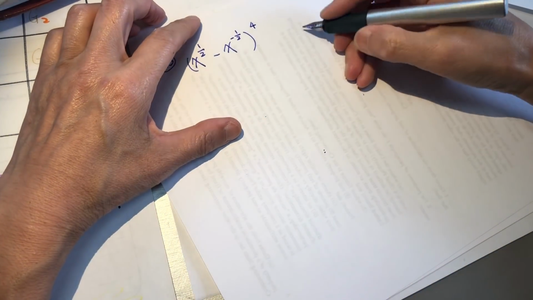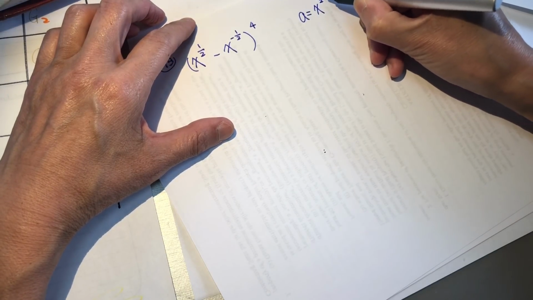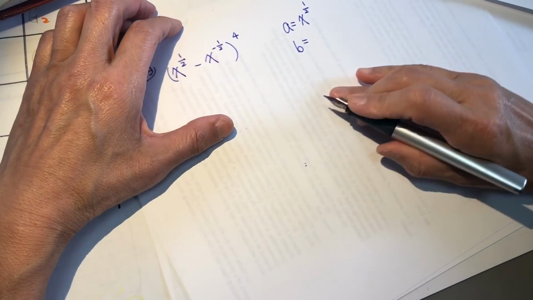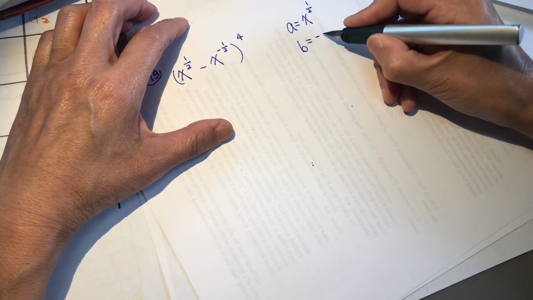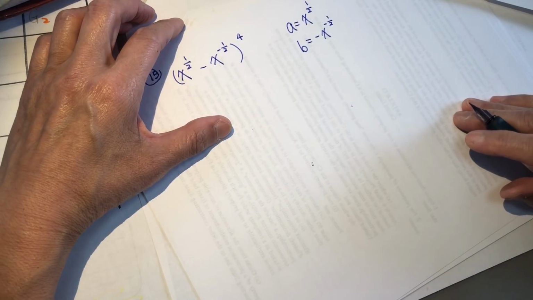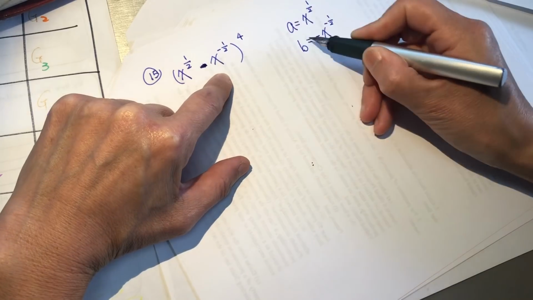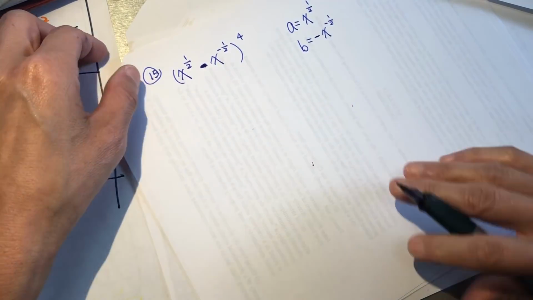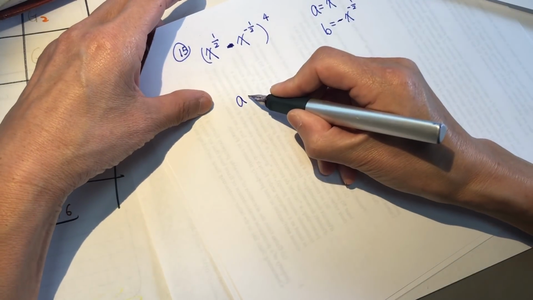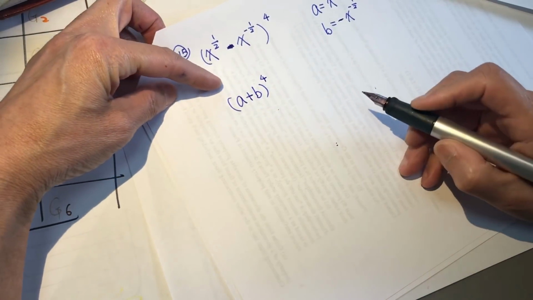Okay, so what do we do? We suppose a equal x to the power of a half, b equal to negative x to the power of negative half. Why do I use negative sign? Negative sign here because here is negative sign. We will do still like this. So it can become a plus b to the power of 4, right?